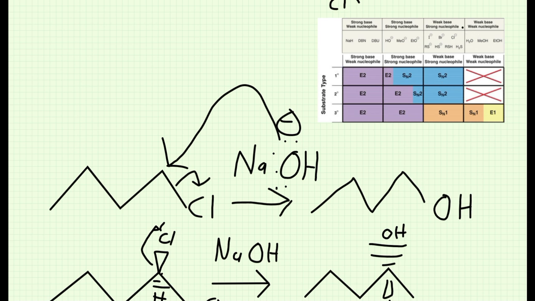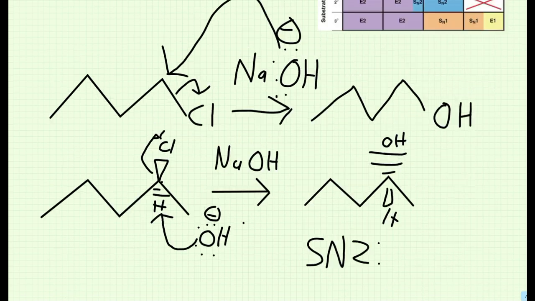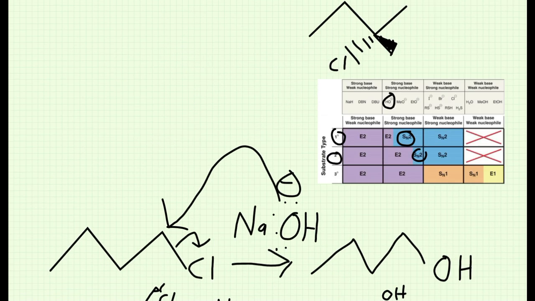OH is a strong nucleophile. Oh, actually, sorry, it would be this one. I was wrong. It would be primary, OH here. It would be this version Sn2, and then this one below, it's secondary, and we also have Sn2.